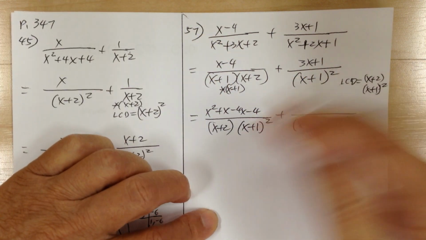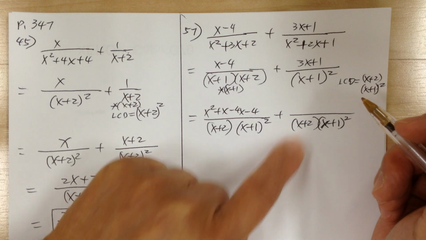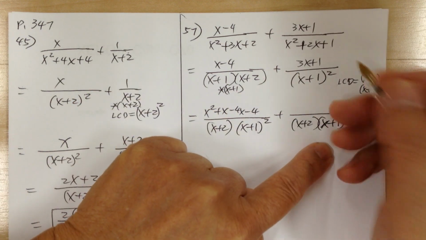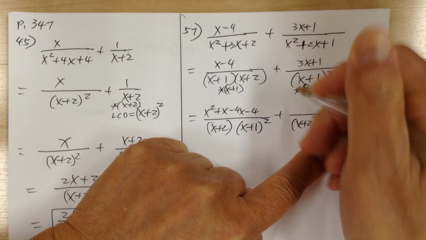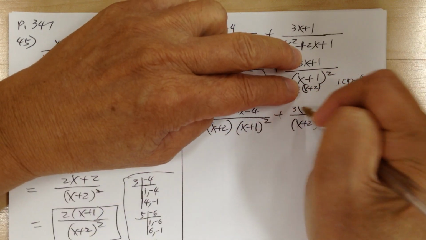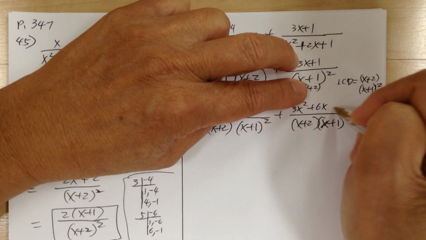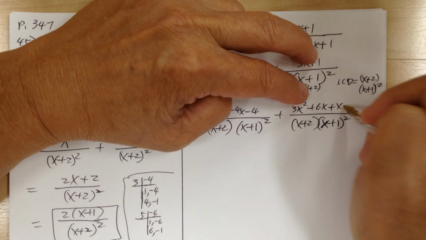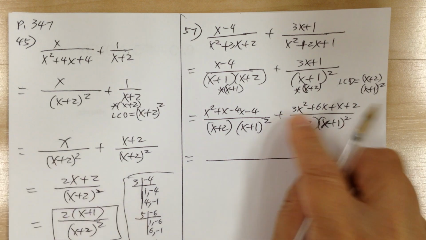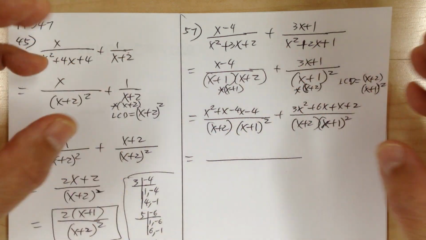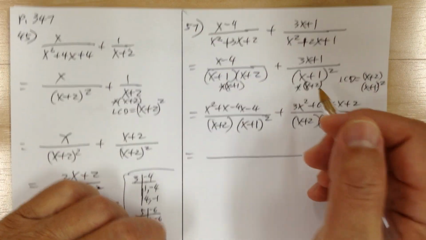Again, you can go off to the side to do all the steps. Okay, this one, from here to here, you're missing the x plus 2. So again, you have to distribute, so it'll be 3x squared plus 6x plus x plus 2. Okay, so now since it's addition, you can save one step. You can just add all the like terms.